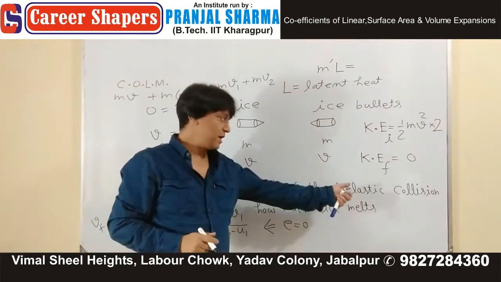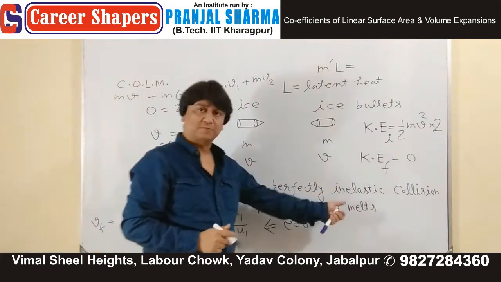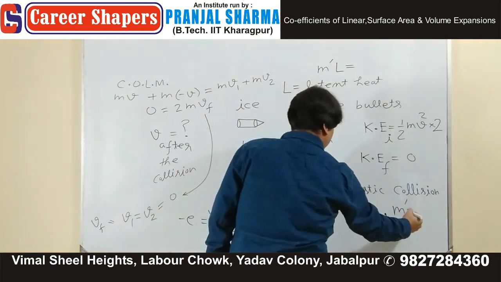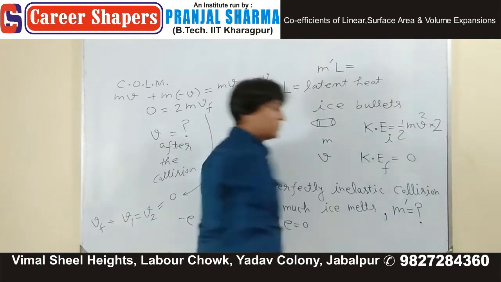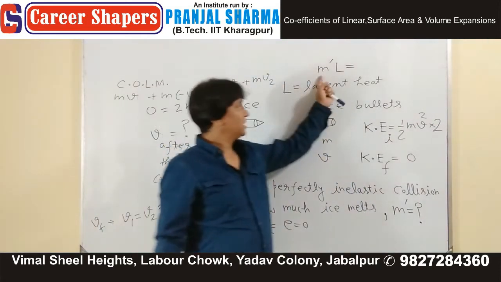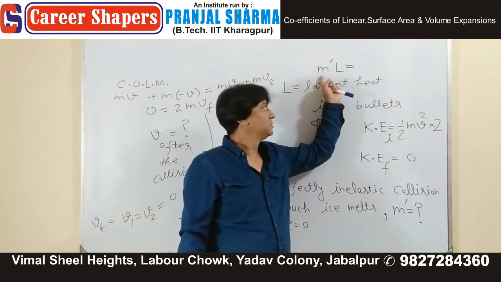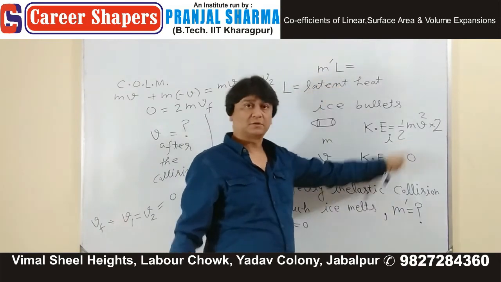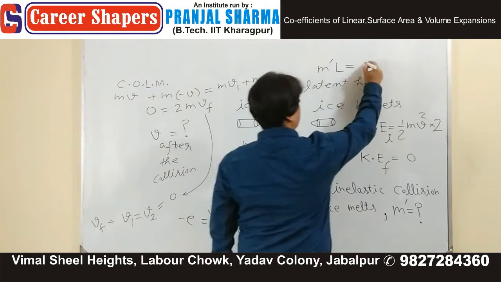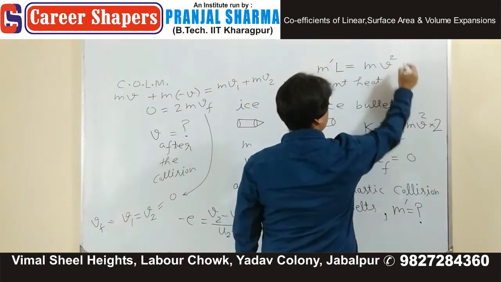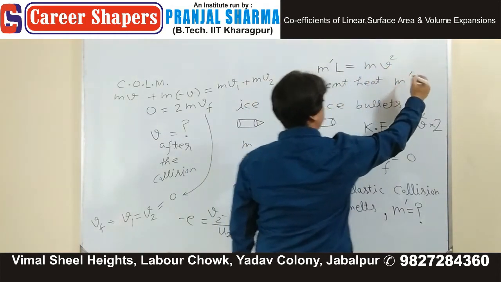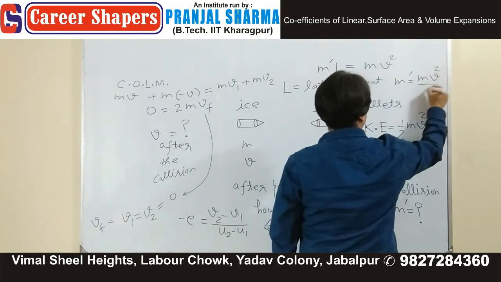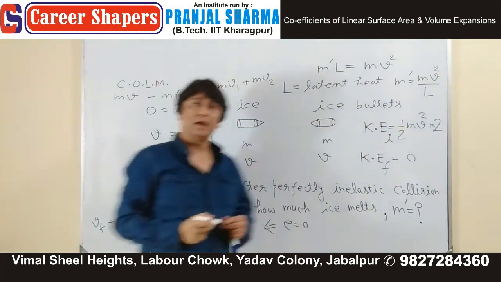After the perfectly inelastic collision, how much ice melts? The question basically says find out m dash. To melt m dash amount of ice, you need some energy, and that energy is coming from this mv squared, which gives us m dash as mv squared divided by L.